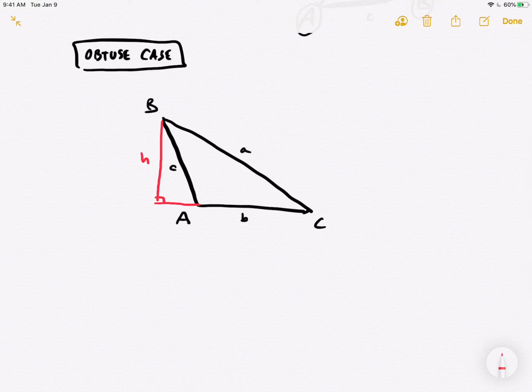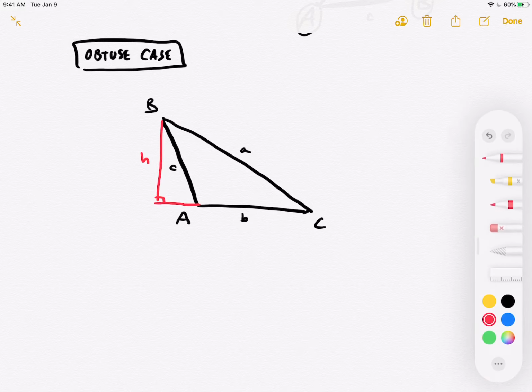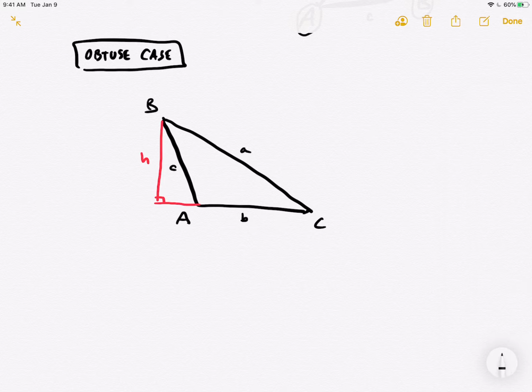Okay. So what I can say now, looking at this triangle, is that I have two right triangles. If I call this point over here maybe X, I have a right triangle CXB, and I have right triangle AXB.